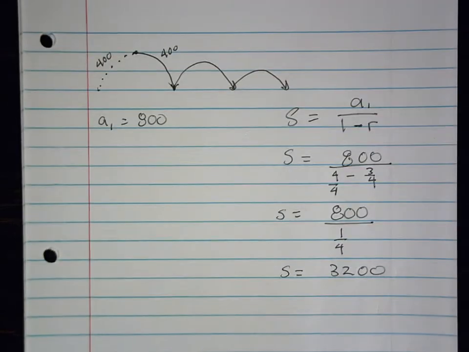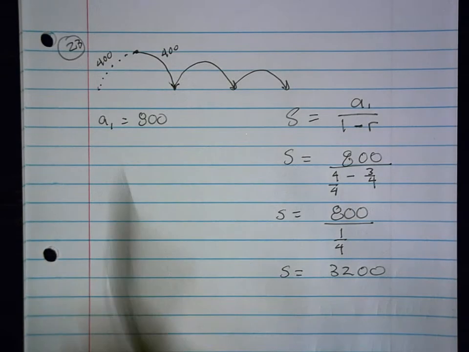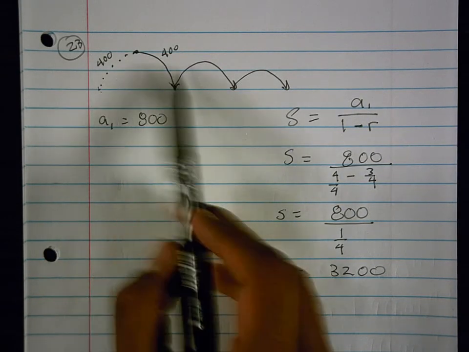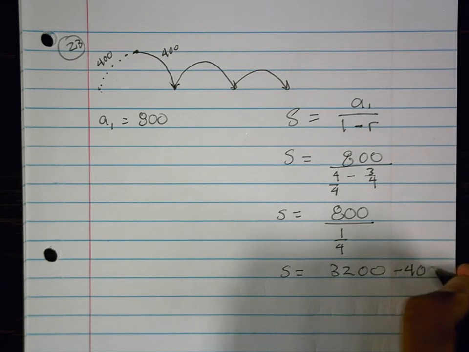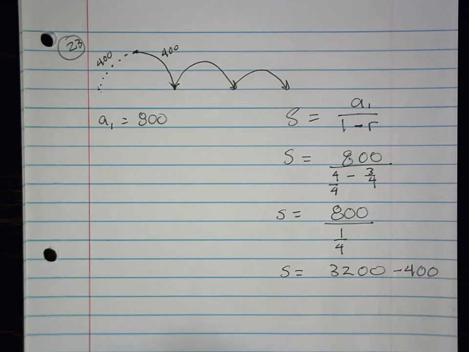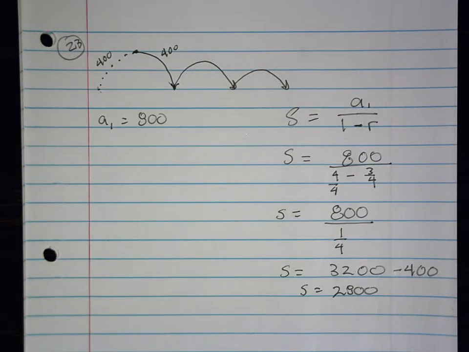A lot of people feel really good about themselves and are ready to move on, but the reality is we added this 400, and for the rest of it, it worked out just fine. So I need to subtract the original 400, and then I'm looking at 2800 as my actual amount.